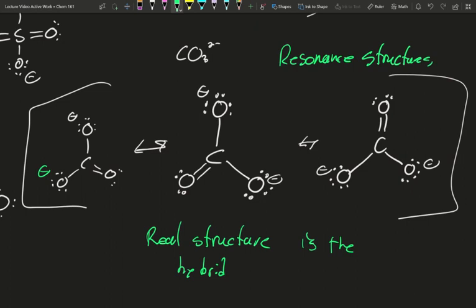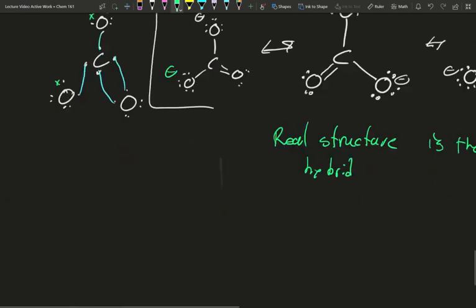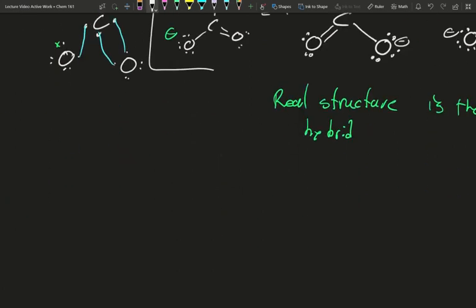They help us show the possible ways we could have drawn it, and then we have to tell ourselves, and we use the brackets on the side to say, hey, these are all the possibilities. It's the hybrid of them all. And that is the idea of a resonance structure. We see them pop up in many places, especially with ions.